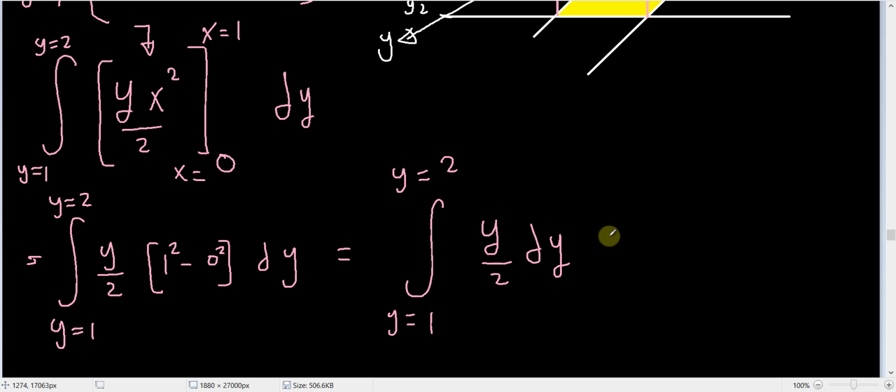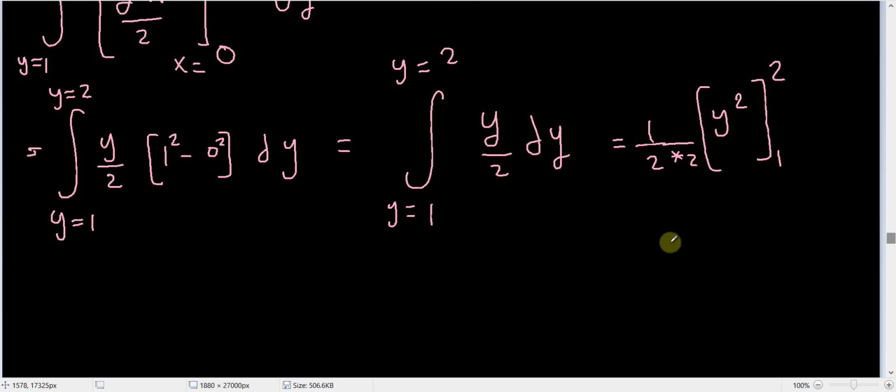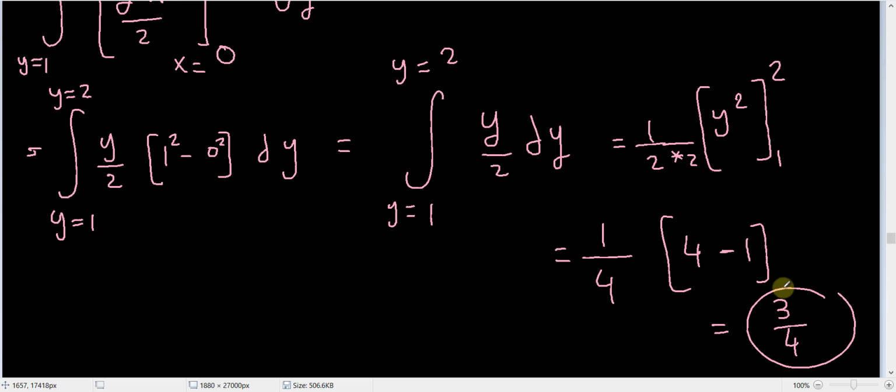Then we can perform this integration to be equal to 1 over 2 times y squared over 2 again, and we evaluate this from 1 to 2. So now this is equal to 1 over 4 multiplied by 2 squared, which is 4, minus 1 squared. So this is equal to 3 over 4.